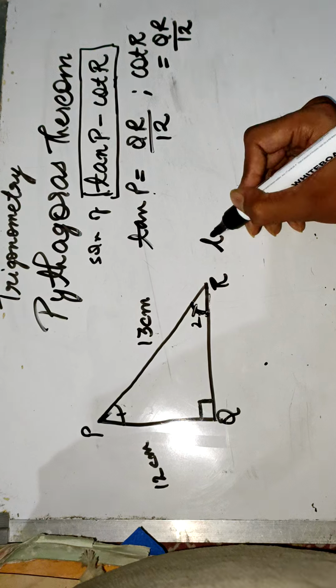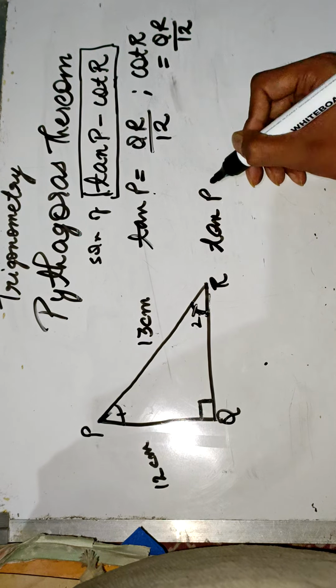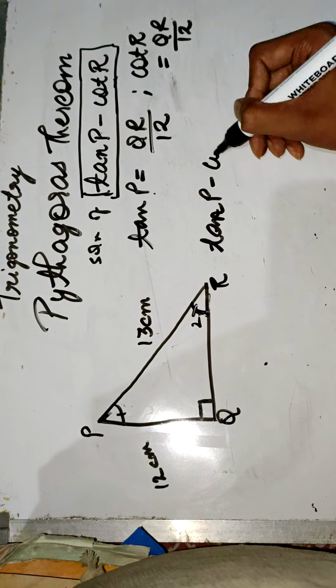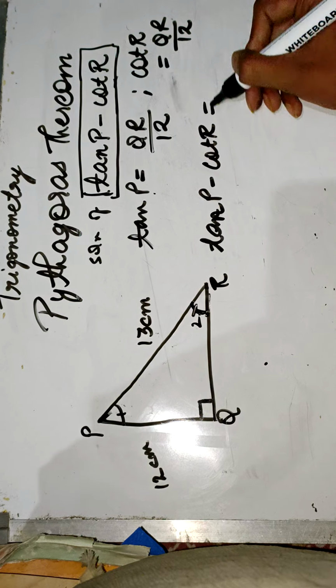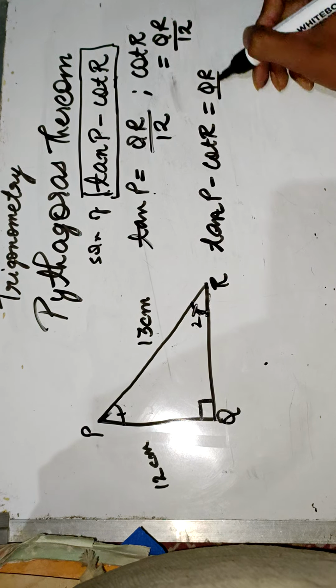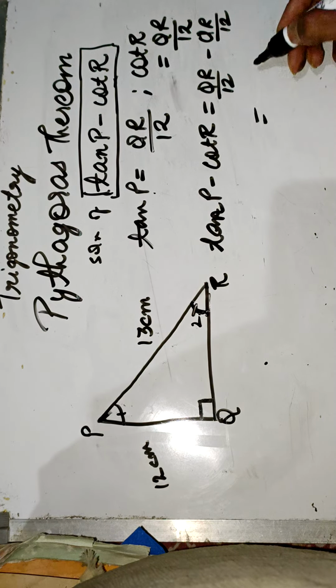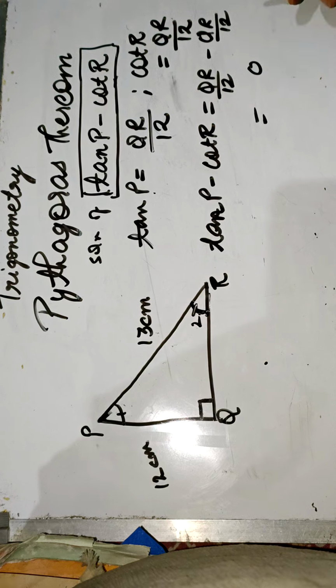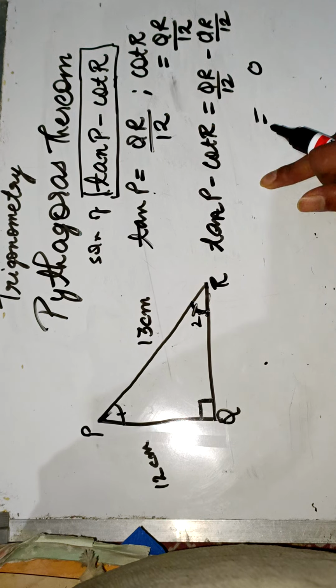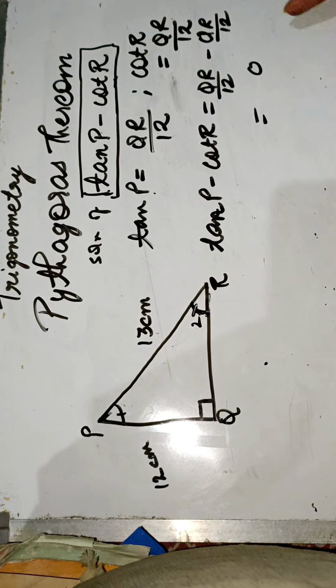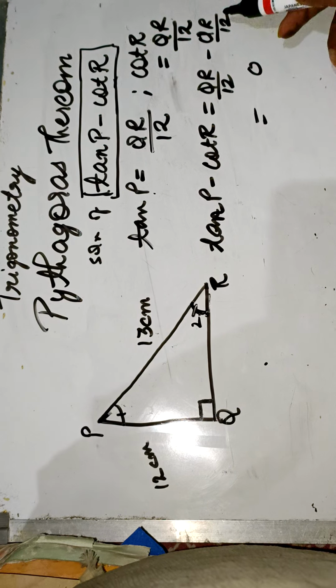The value of tan P minus cot R will become QR upon 12 minus QR upon 12, and that will become 0. So the solution to the particular question will be 0, since the values are coming out the same.